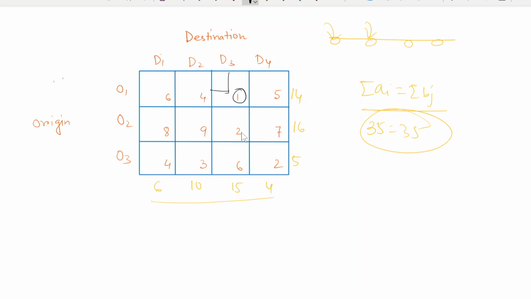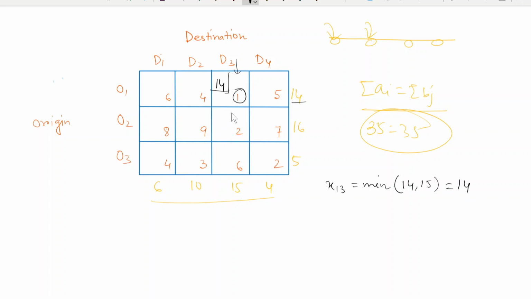This is the cell x13. So x13 equals the minimum of the total stock available in the origin O1 and the demand of D3. So this is the minimum of 14 and 15, which is 14. So here we allocate 14.